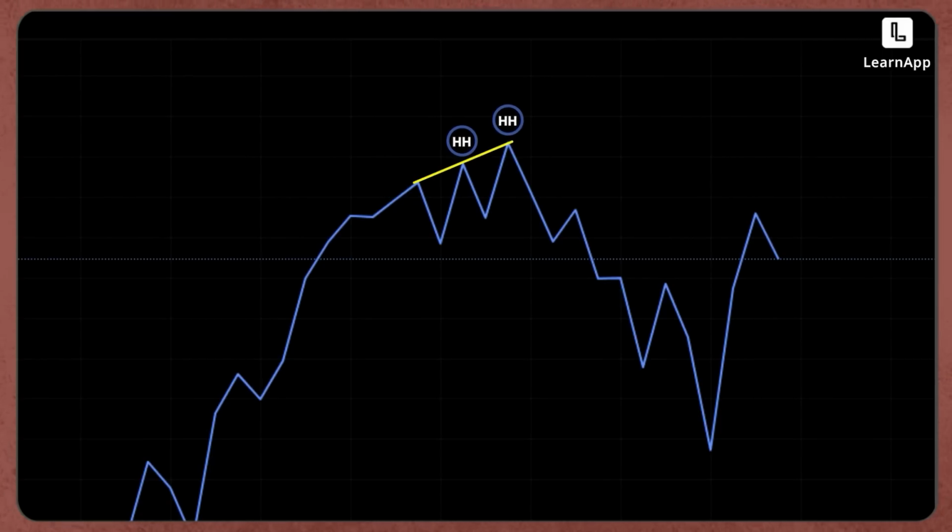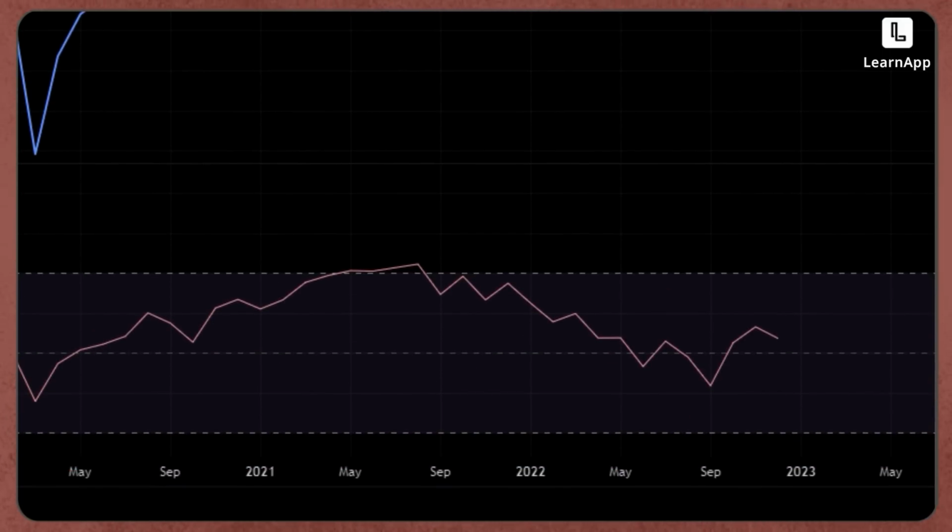But over here, this is a lower high and again a lower high. So you see the speed or the momentum fading. And we did have a correction from there. Got it. So when you see this kind of formation, at least don't go long.